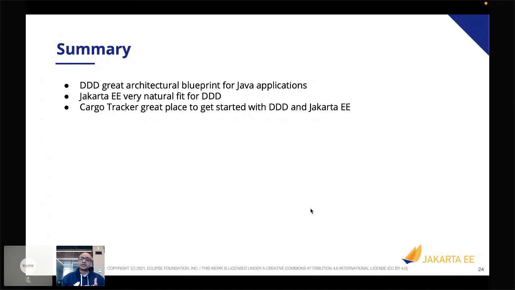And in fact, that is what the Cargo Tracker application actually is. It's a modular monolith. If you wanted to, you could break Cargo Tracker up into many smaller pieces, but there won't be much of a value proposition to be doing that. But all of the architecture and modularity is already there because of the way DDD is structured.